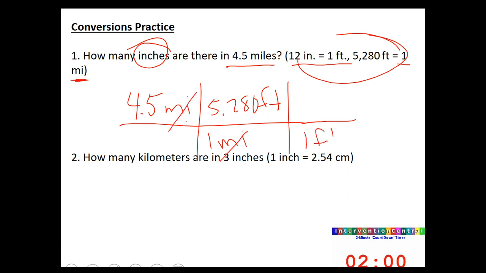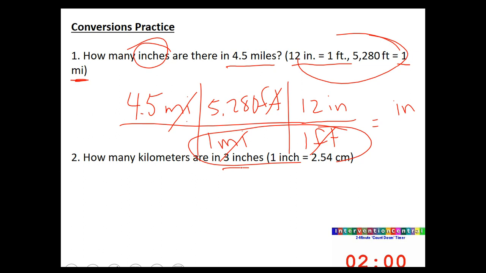So for 1 foot, it is 12 inches. So feet cancel. And so you'd put this in the calculator, 4.5 times 5,280 times 12, hit enter, and there's no numbers at the bottom. These are just 1. So what you get here is going to be your answer, and the unit is going to be in inches.